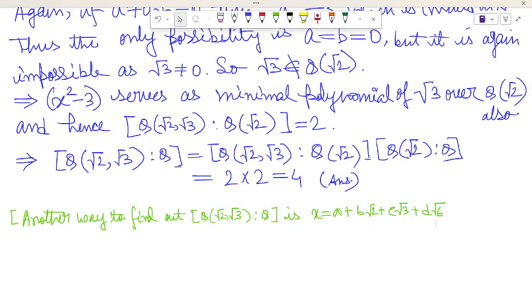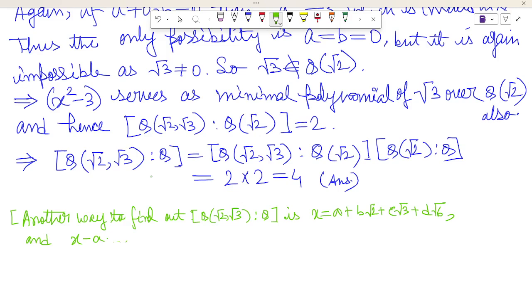And after this, you can write it as x minus a equal to this thing. Consequently, rationalize this thing.